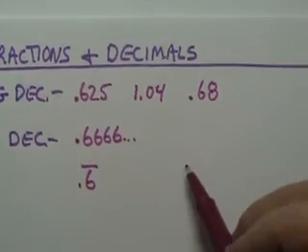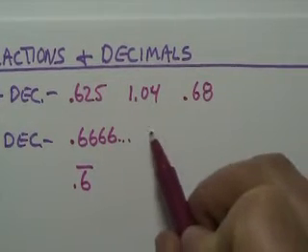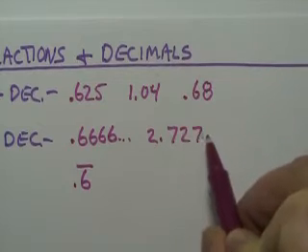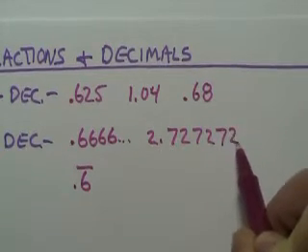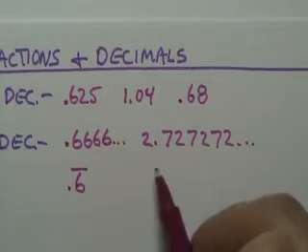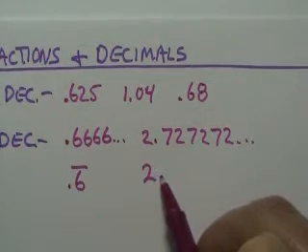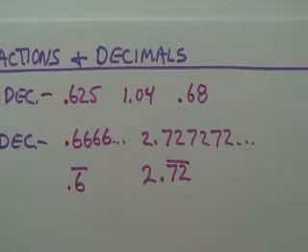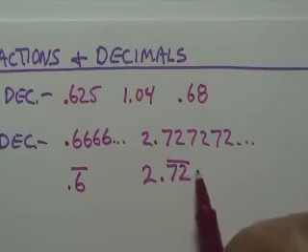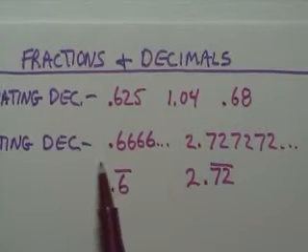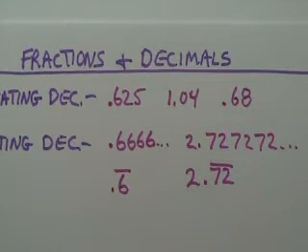Another example, maybe something like 2.727272, dot, dot, dot. Another way of writing that same one would be 2.72 with a bar over it, because it keeps repeating the 7-2 over and over again. So these are repeating decimals. They're also rational numbers.